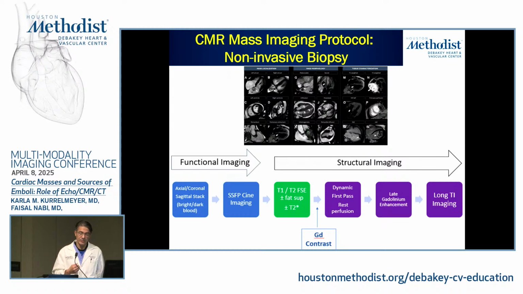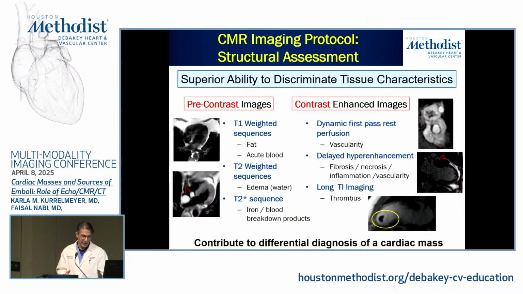We'll follow this with some tissue characterization, which is without contrast, which is our T1 and T2 images. We'll then give contrast and watch vascularity of the mass. This will then be followed by our LGE sequences that you are all very comfortable and familiar with, and then our long TI imaging, which are sequences that specifically look for thrombus.